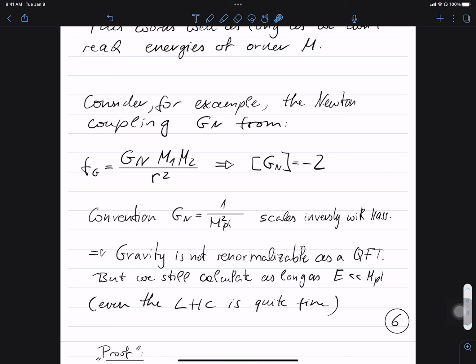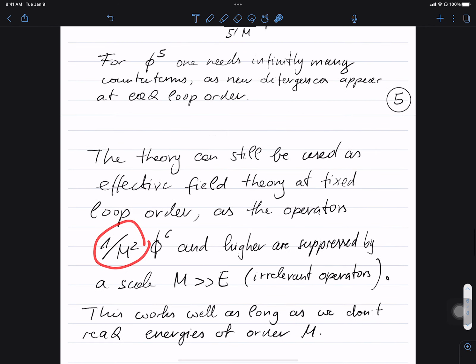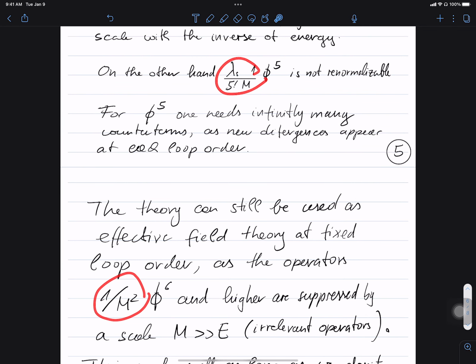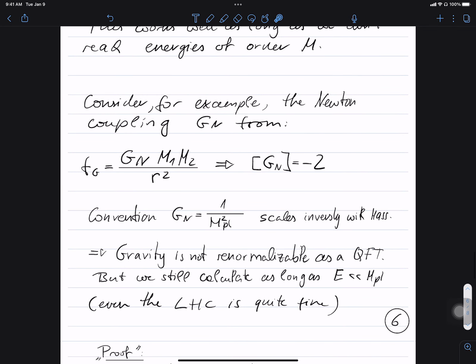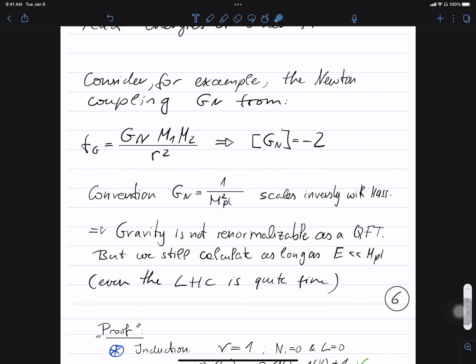So the Newton coupling, in fact, has negative mass dimension, -2, same as we saw here: the coupling strength in front of the phi to the 6 or the phi to the 5 term have a negative mass dimension. They are divided by mass scales, and this is an indicator that the theory, in fact, is not renormalizable. We will have diagrams that are not mapping on themselves, but lead to new divergences, and this is the case for gravity.